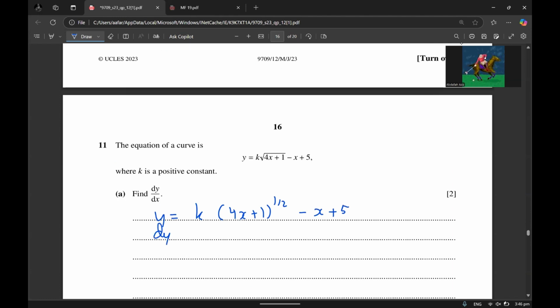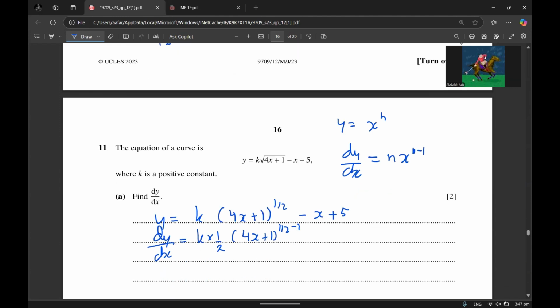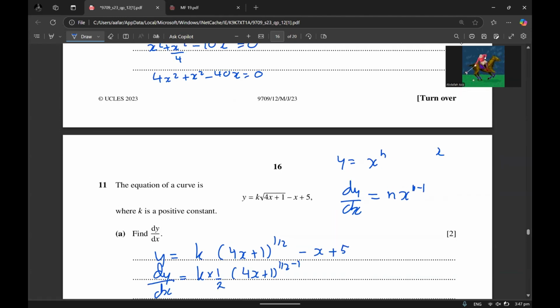Now if we do the derivative, so now k times 1 over 2, (4x plus 1) power 1 over 2 minus 1. Since the derivative of x power n is n x power n minus 1.